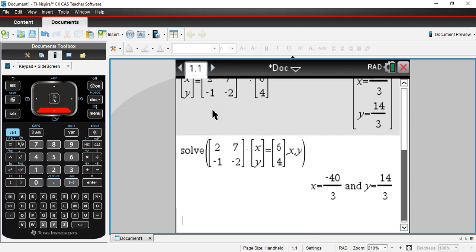mx minus 6y equal to 6 and 4x minus my equal to m. If you have the CAS, how would you do it? Would you do it any differently if you have the CAS? Would you use a CAS at all?